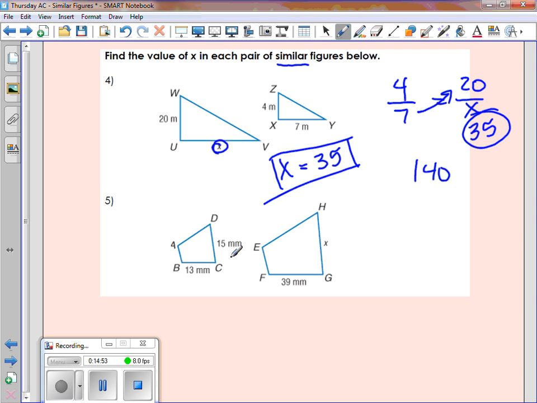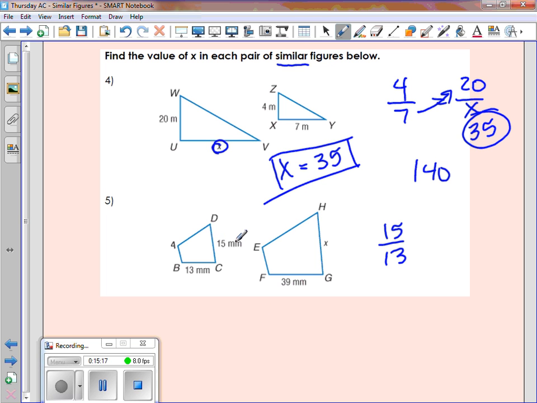For number 5, same situation. We've got corresponding sides. We have the measurements for 3 of them, but we're missing 1. So on our small trapezoid, or it's quadrilateral probably, on our small quadrilateral, we're doing 15 over 13. Okay?